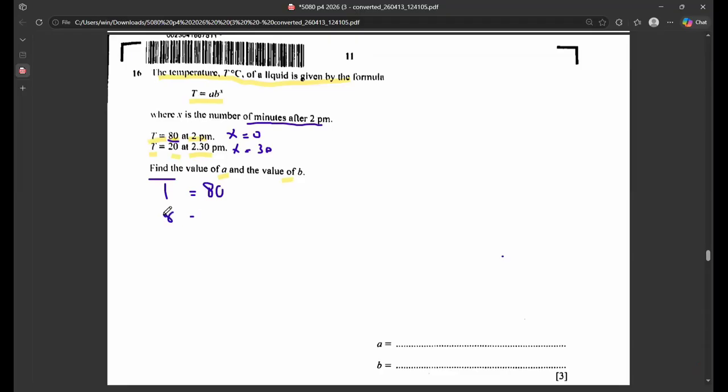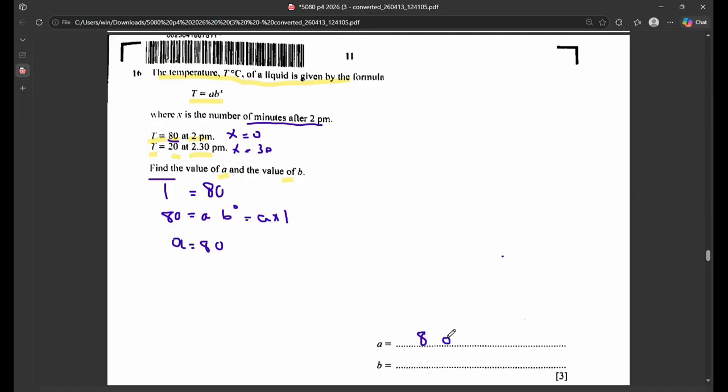So I can say that 80 will be equal to A multiplied by B to the power of 0, which is equal to A multiplied by 1. Anything to the power of 0 is equal to 1. So the A now is equal to 80. So we can say here A is equal to 80.